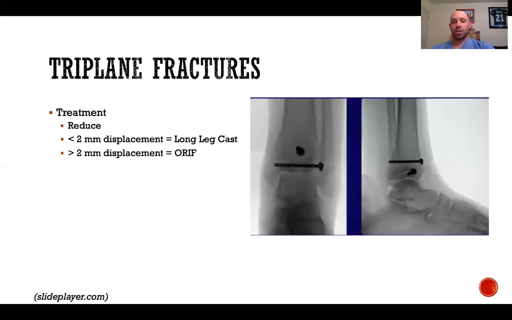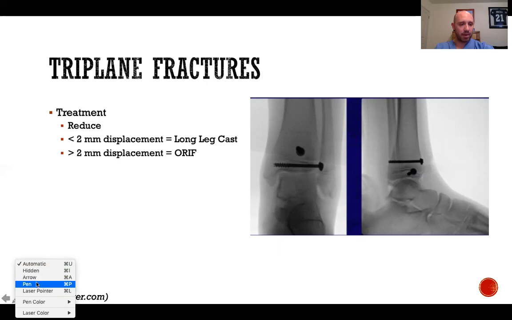Just one other thing to note, we didn't really mention this in previous weeks, but I think it's something to just touch on here. As you can note here, if I draw this fracture out a little bit better, on the lateral, if you look, the fracture's here. And so you have this small triangular piece here, and then you have a much larger piece of the distal tibia here.